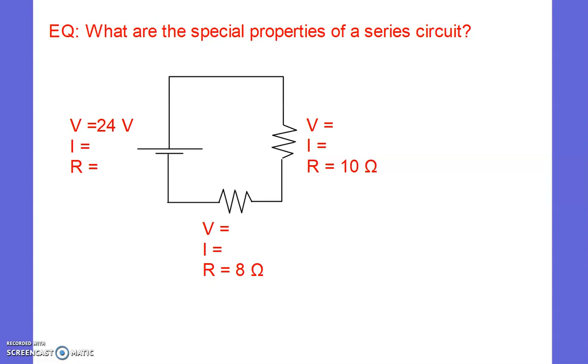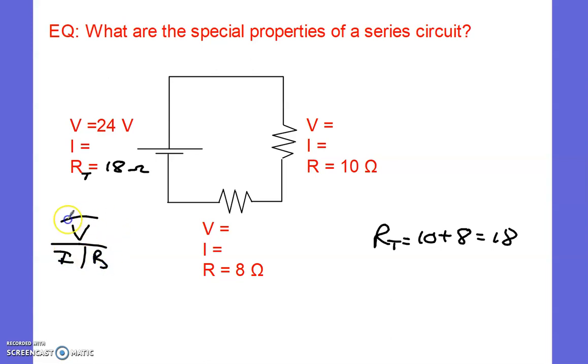Welcome back. We're first going to get the total resistance, which is 10 plus 8 gives us 18. Then we're going to get the current by dividing 24 and 18, and this gives us 1.33.